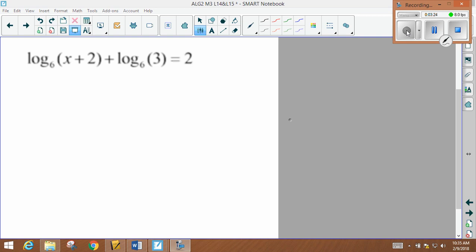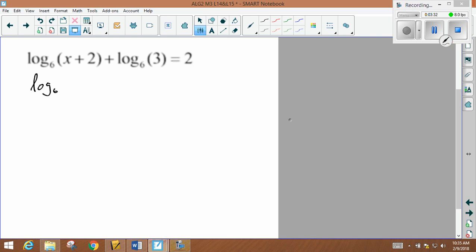It says that I can put these together, so I can write this as log base 6 of 3 times x plus 2 equals 2. So when we're solving these logarithms, we're going to want to have either one logarithm on one side and another logarithm on the other side, or one logarithm on one side and a number on the other side. So we're almost there. I could actually write this as an exponential equation right now if I wanted to.